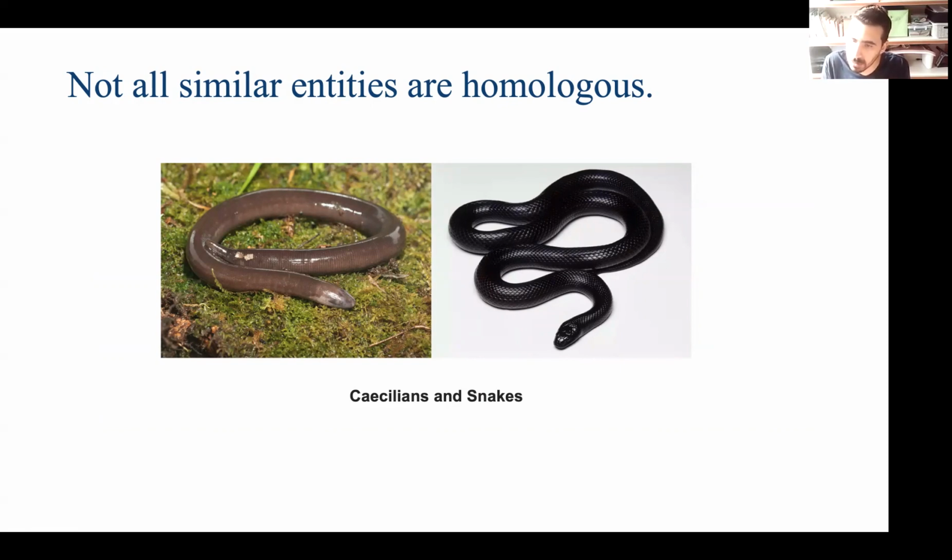So although they look similar, this crawling feature is not homologous between these two organisms. They evolved independently, which is what we call convergent evolution. So the take-home message here is similarity doesn't necessarily mean homology.